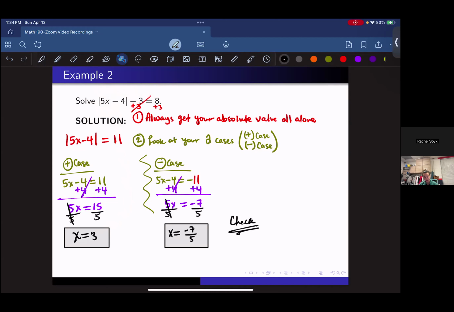It does indeed. So that works. Negative 7 over 5 times 5, the 5's cancel out, so we have negative 7 minus 4, that gives us negative 11. Absolute value of that is positive 11 minus 3 also gives us 8. So both of them work, and we're good to go.